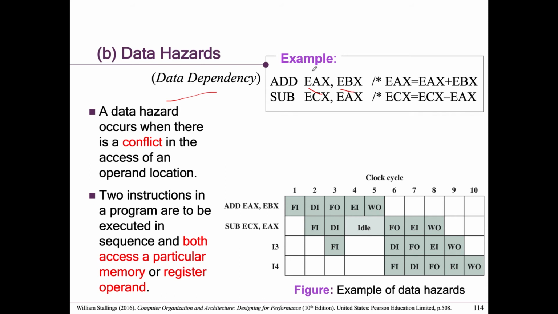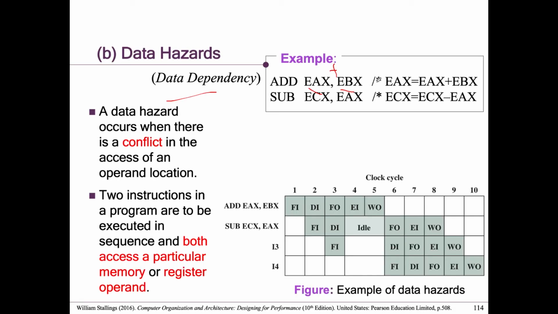You're going to add these two numbers, and you have the next instruction, which is SUB. You're going to subtract from your ECX the value of register EAX from your previous instruction.